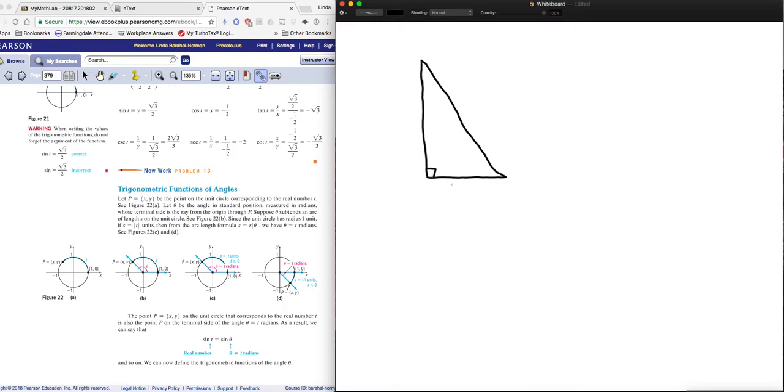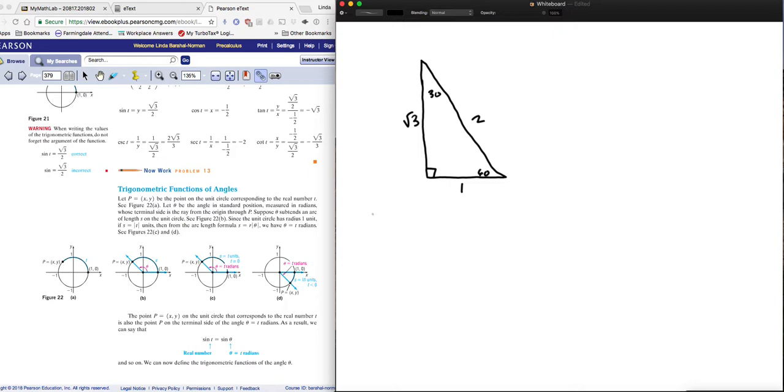There's my right angle. We'll put 30 degrees up here just because that one looks smaller, and 60 down here. And remember, the ratio for this one is 1 to square root of 3 to 2, so the hypotenuse is 2, and the smaller side is opposite the smaller angle.